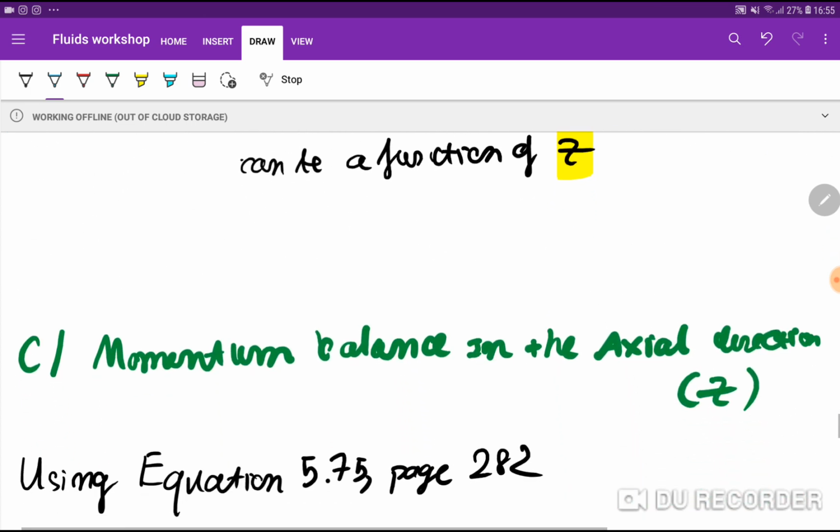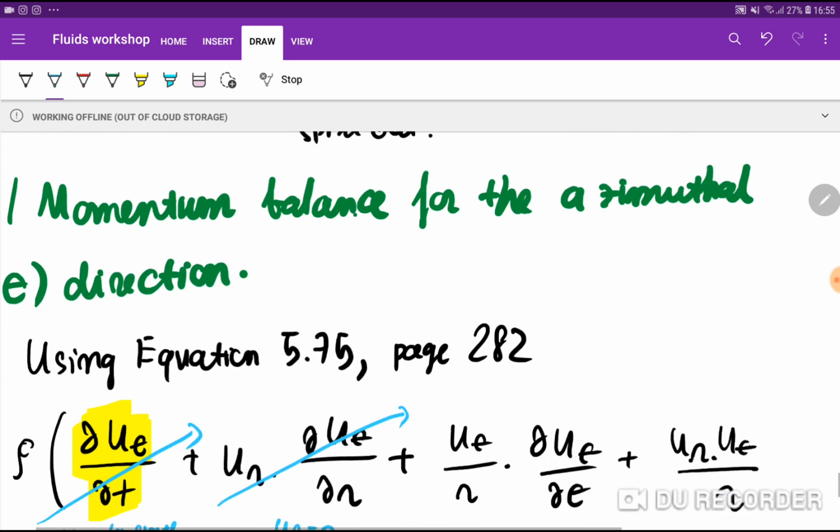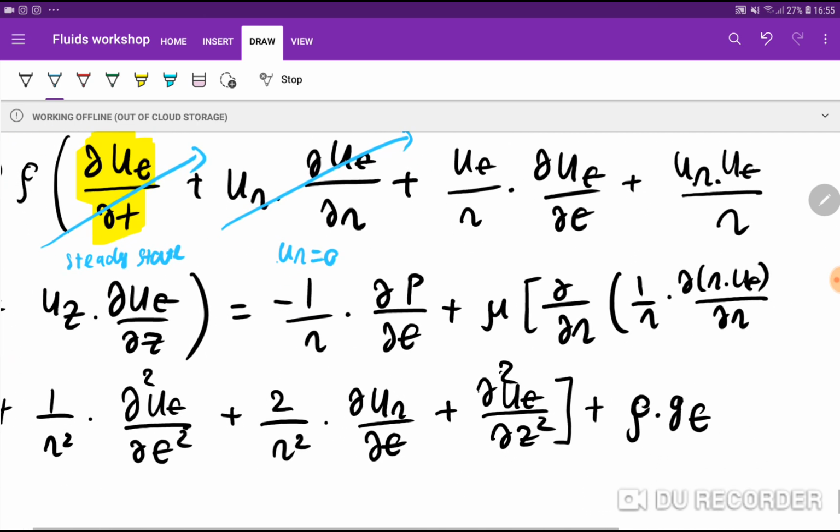Then right here, you can say this is completely vanished, because partial u theta over partial theta is 0 in the previous analysis, where I wrote the continuity equation.